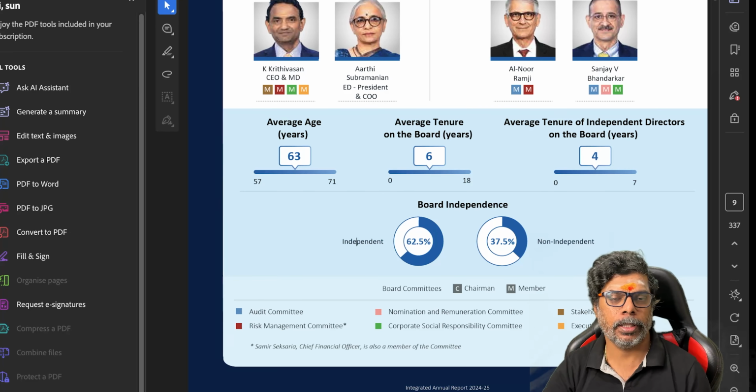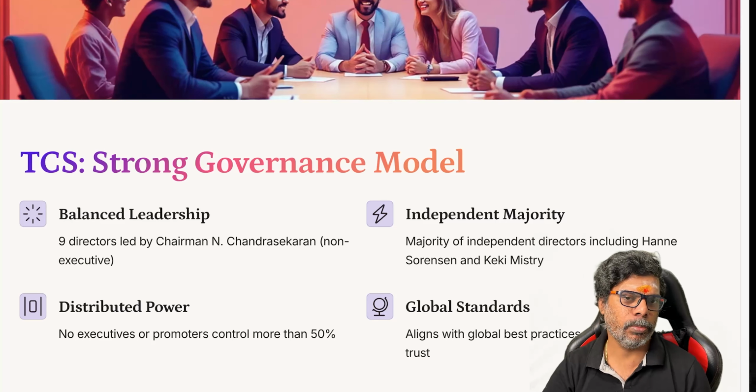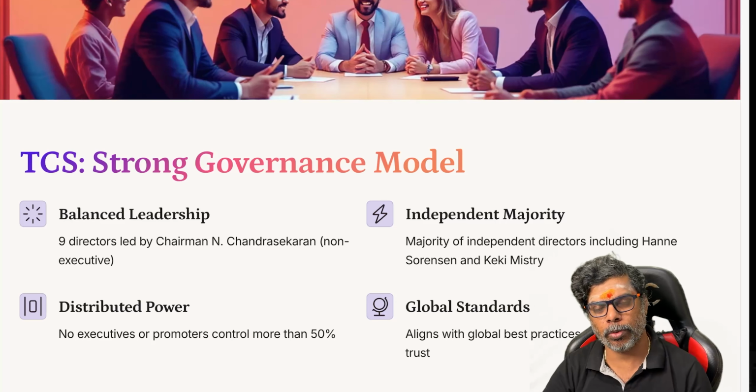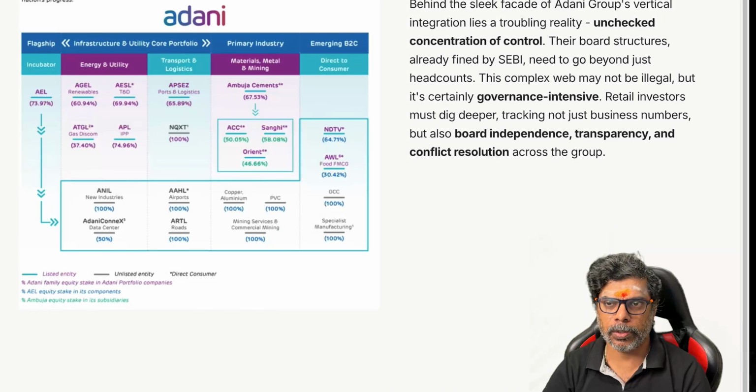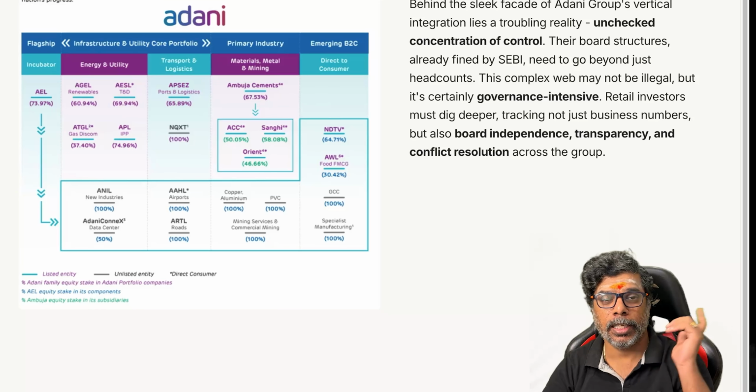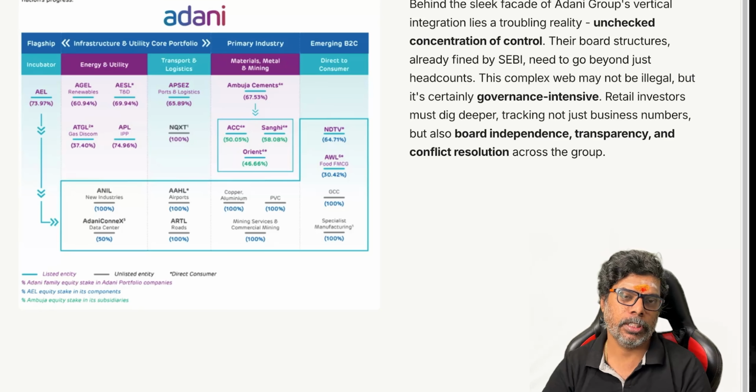There should be more independent directors, so the leadership will be balanced. Otherwise, a person having more control will take over. Take the example of Adani. Adani has a lot of stakes, and ATGL is for the Adani energy business. The promoter might have almost a 50% stake there, but direct stake is only maybe 6%, while Ambuja Cement has 50%, right?